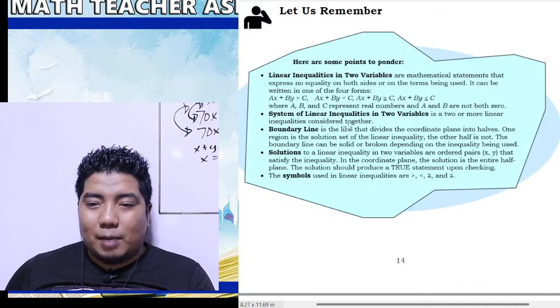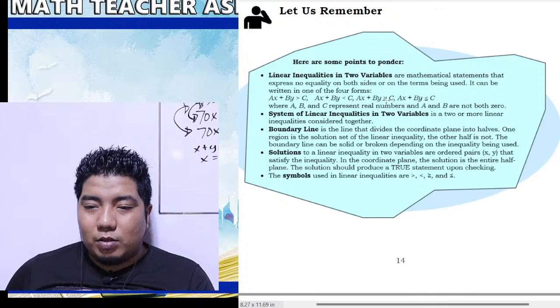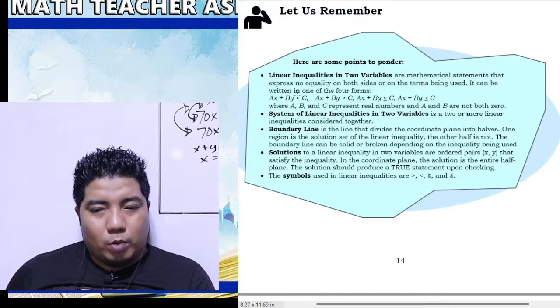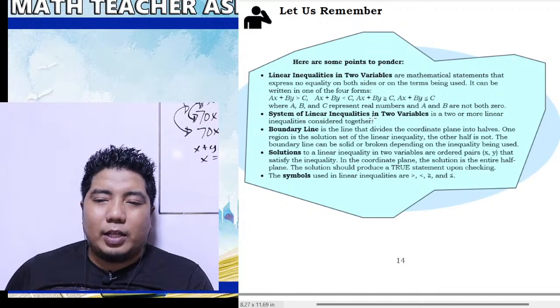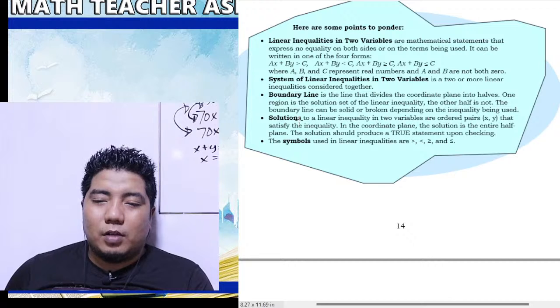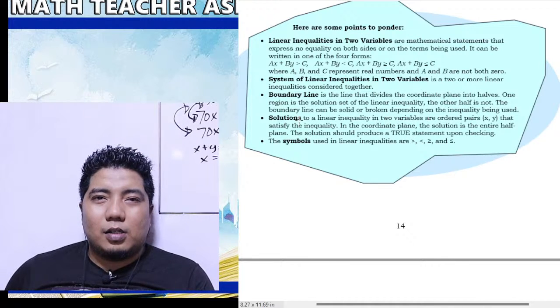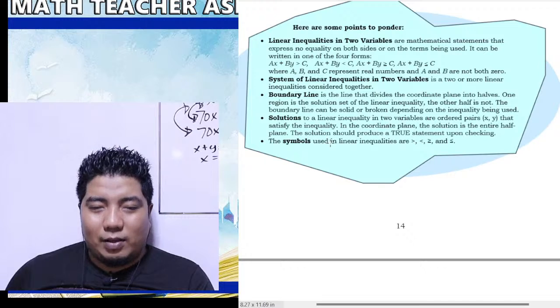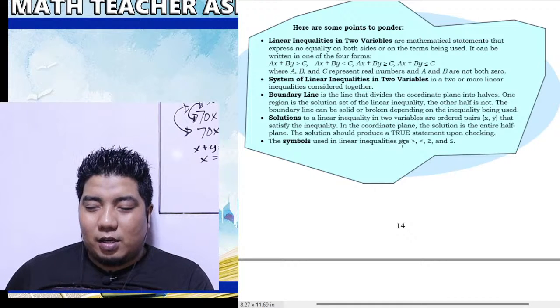So, solid siya kapag ang symbol ay merong or equal to. Broken siya kapag walang or equal to. Yung greater than or less than lang talaga. Tapos solutions naman, ito yung mga ordered pairs that will satisfy or give a true statement in the given. And the symbols, of course, of the linear inequalities, ito na yung apat.